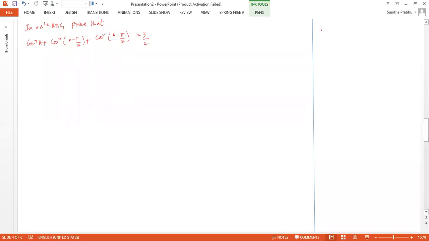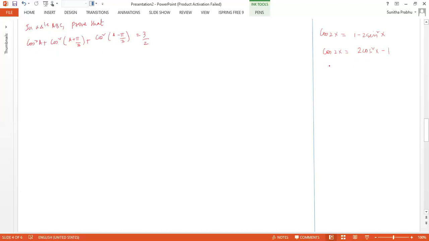Okay. So last time around, we used the identity cos 2x is equal to 1 minus 2 sine square x, right? This time around, we have to use the identity cos 2x is equal to 2 cos square x minus 1, because we have cos square.